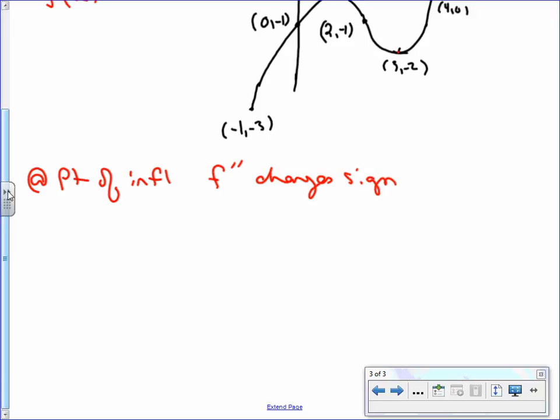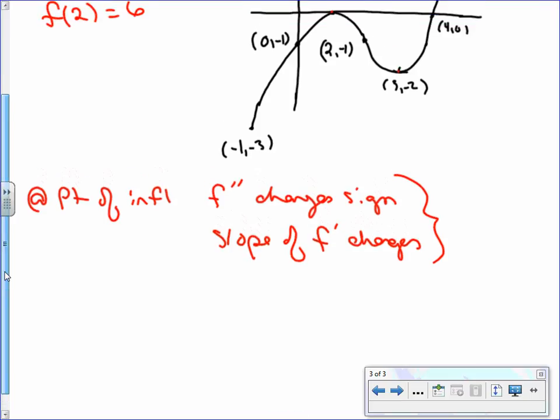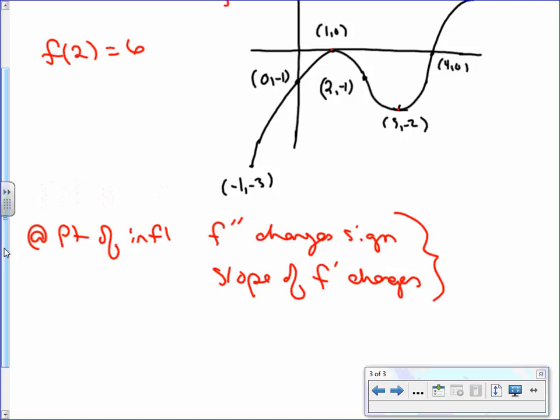Am I looking at F double prime? No. What am I looking at? F prime. So what do I actually need to look at? Slope. Either of these things. You don't need to write both of them, but it isn't going to hurt. Either one of them gets you the justify point. Okay? And then you need to look at it and then answer it correctly. Okay? So where does the slope change?